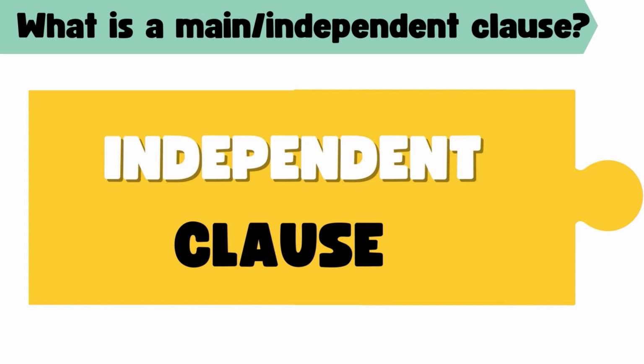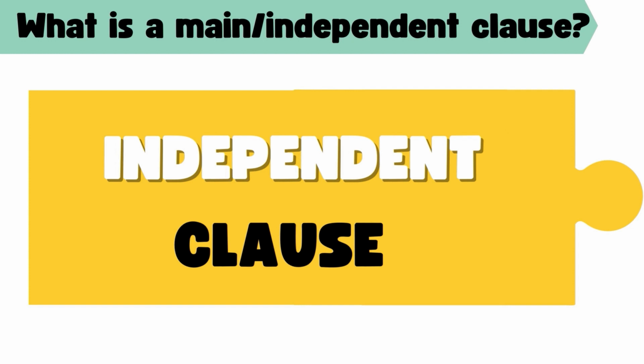First, I want to talk about the main or the independent clause. These are the same thing. There are just different terms for them. I want you to start looking at the sentences that you're creating in chunks and in clauses or phrases so that you know exactly how to build these sentences.